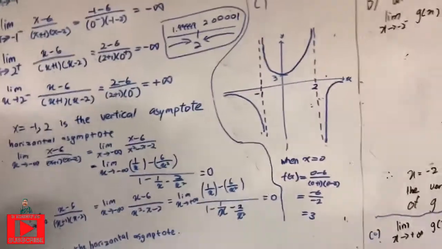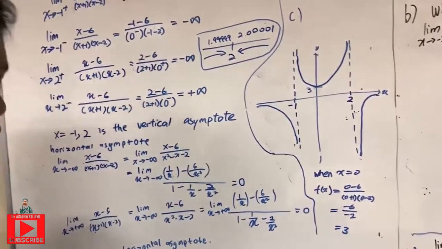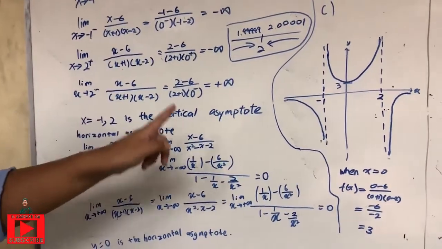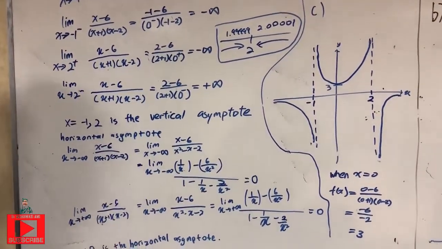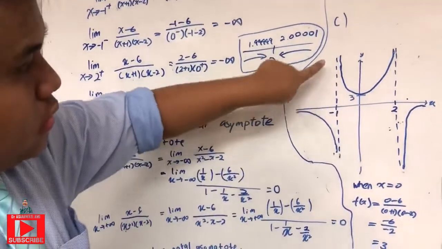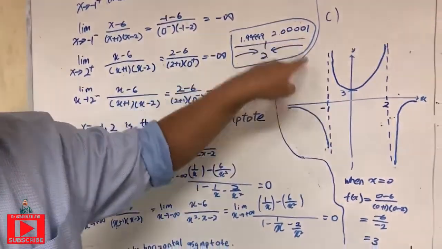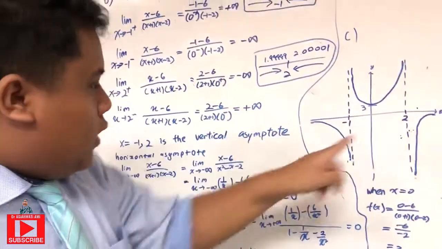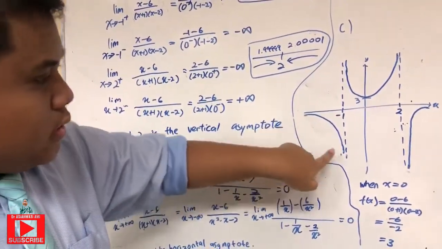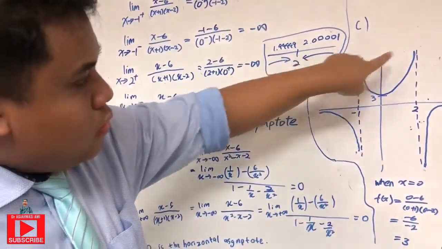So for question C, we need to sketch the graph. As you all know, x equals -1 and 2 are vertical asymptotes, and y equals 0 is the horizontal asymptote. So we plot the graph first. So these are the lines for the asymptotes, -1 and 2. And to sketch the graph, we put this point here, then this, and then this.